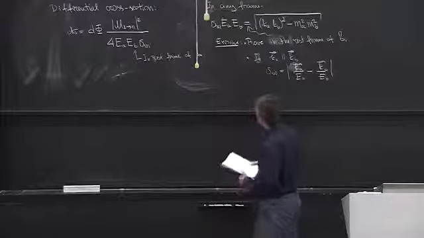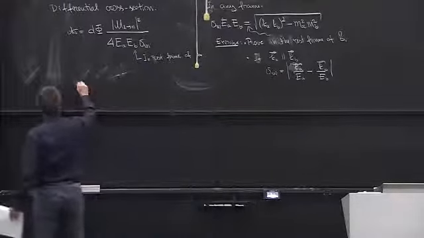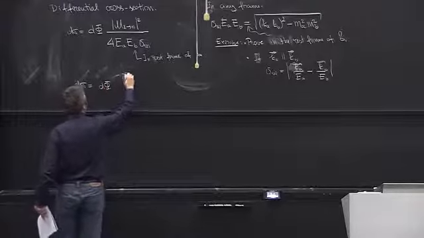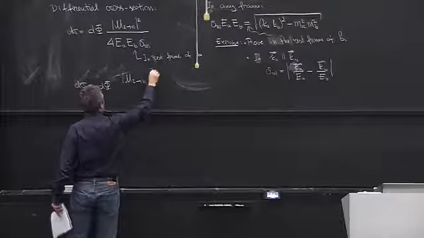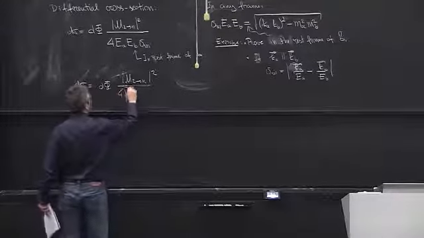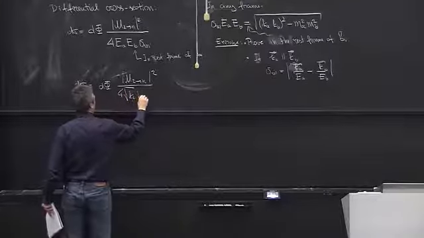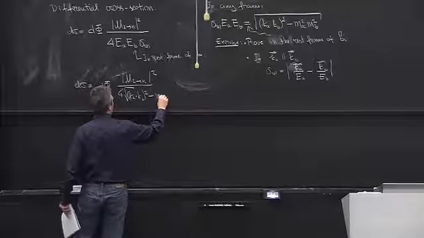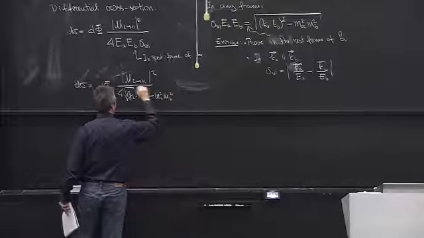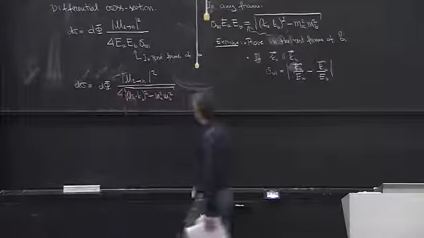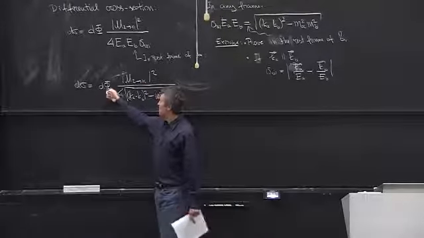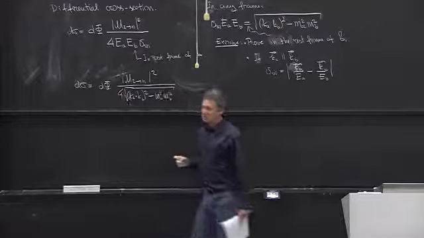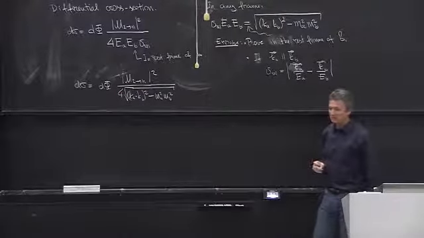All right, then we get the formula for the differential cross-section. In any reference frame, it can be written through the Lorentz invariant quantities. The phase space is Lorentz invariant, and this is also Lorentz invariant. So this cross section, in fact, is Lorentz invariant.